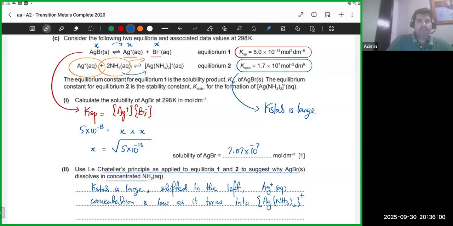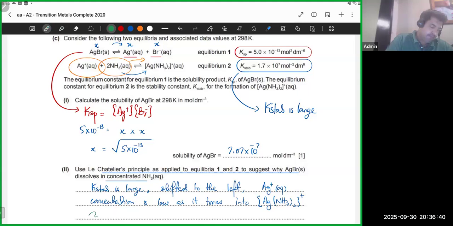So the question is, why does AgBr dissolve? Well, when you add ammonia to it, ammonia reacts with Ag+1 and converts most of it to Ag(NH3)2, right? So the Ag+1 concentration decreases. Now we're going to use Le Chatelier's principle. So how would that affect the first reaction? If the Ag+1 concentration decreases, in the first one, where would that equilibrium shift? That's going to shift to the right. Le Chatelier's principle says that if the concentration decreases, it's going to shift to replace it.